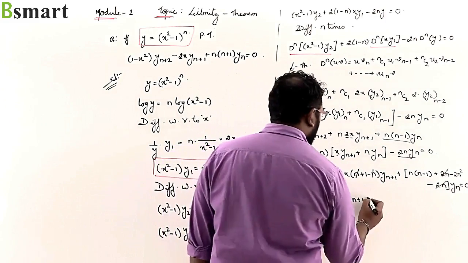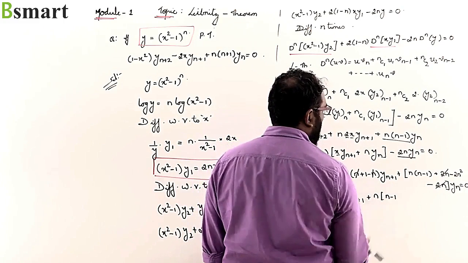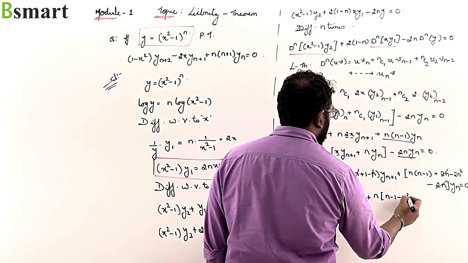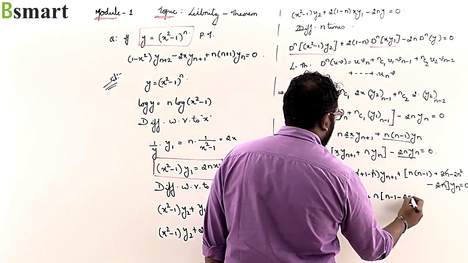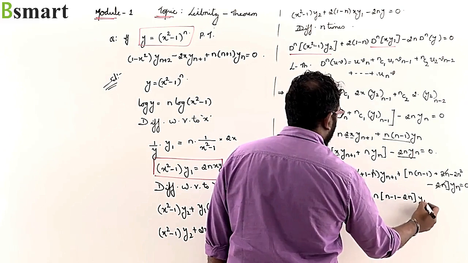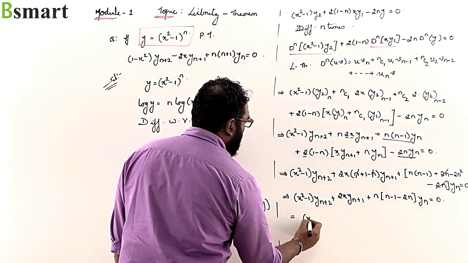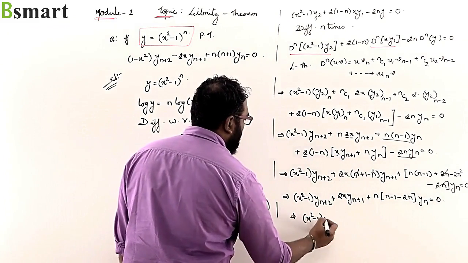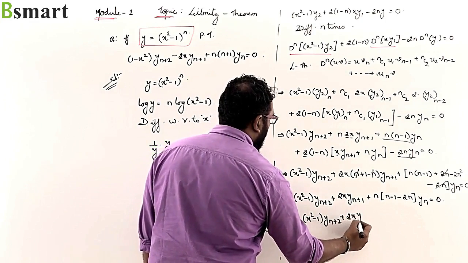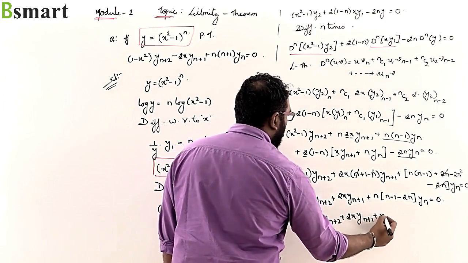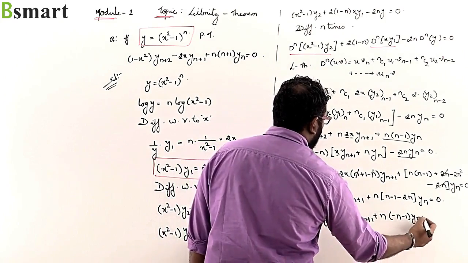Then from all the terms, if I am taking n common, we are left with (n minus 1 minus n) minus 2n into yn is equal to 0, or that will be (x square minus 1) into y(n+2) plus 2x into y(n+1) plus n into (minus n minus 1) into yn is equal to 0.